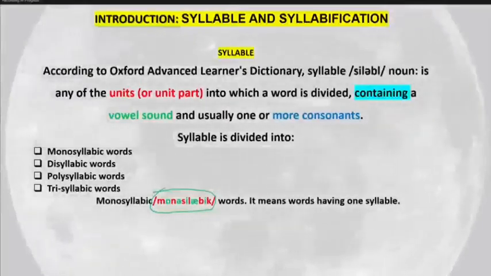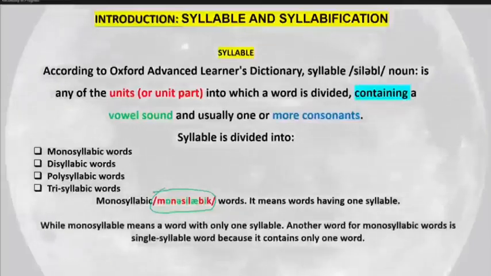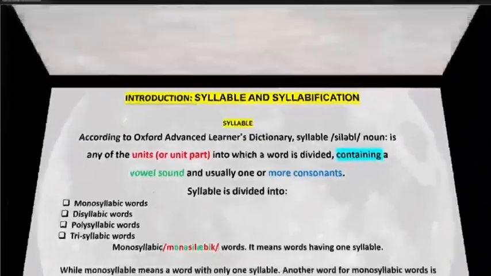Like I said, monosyllabic words refer to one-syllable words. Another name for a monosyllabic word is a single syllable word, because it contains only one syllable.